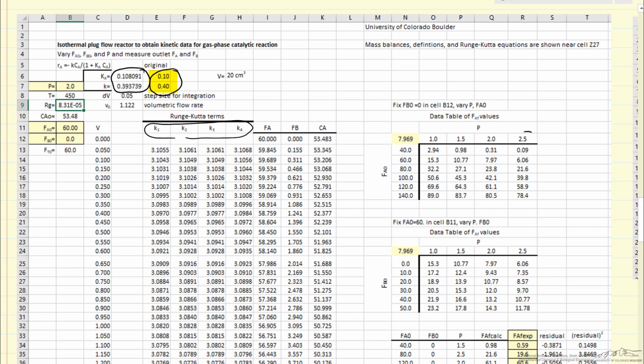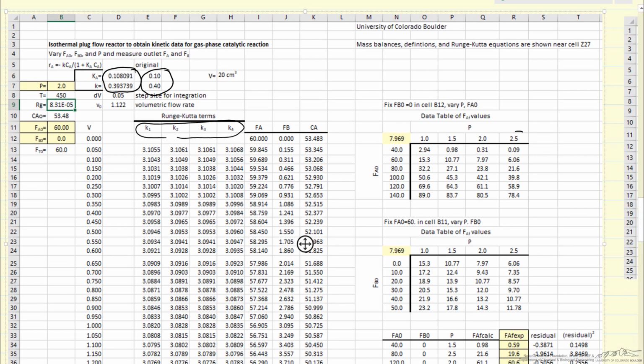So I generated the data and then added some noise to that data and called that experimental data. You can see as we step through, we're calculating the flow rate of A and the flow rate of B, with a volume change of 0.05. We also, remember, calculate the concentration of A, since we need that in the rate expression.